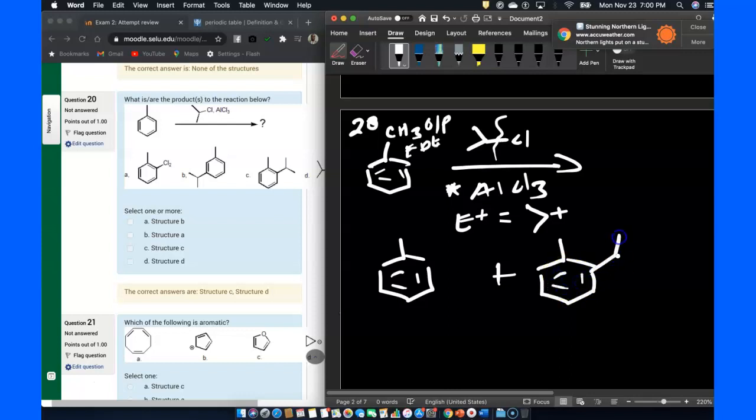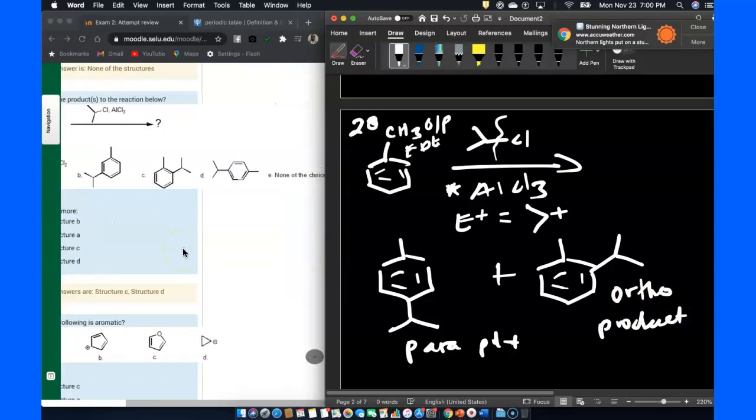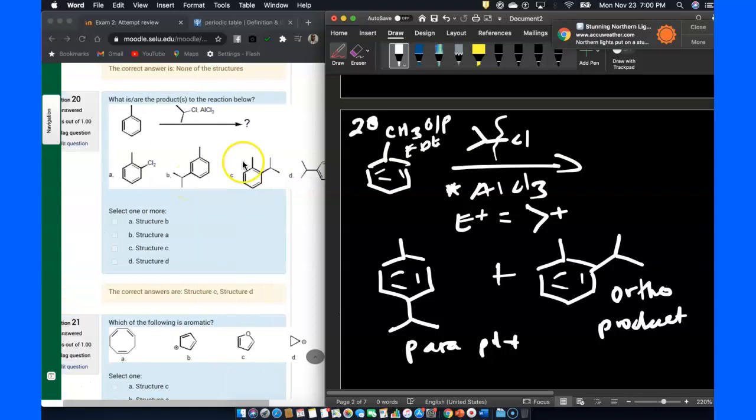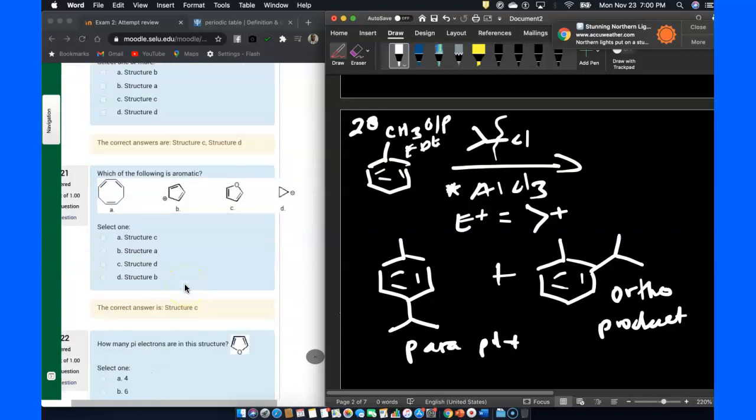You're either going to put it there or you're going to put it here. This is going to be the para product, and this is the ortho product. So you look at structure D, that's the para product. And also structure C is the ortho product. So both those two, C and D, are possible. So structures C and D are correct.